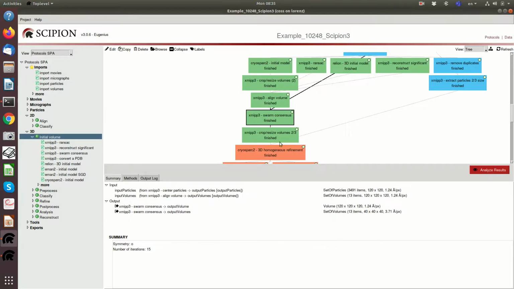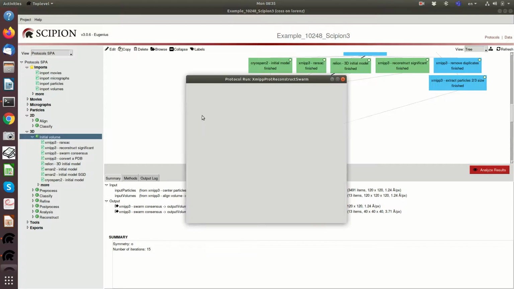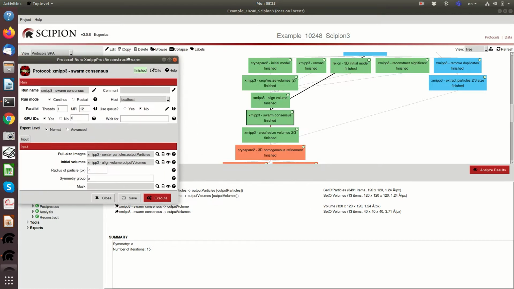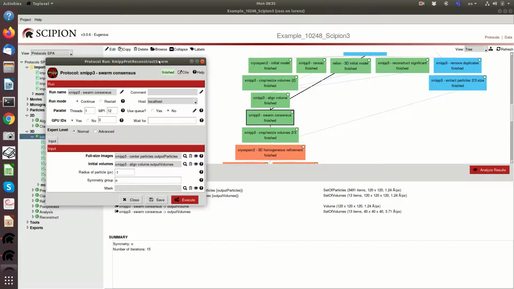And then you enter into the swarm consensus. The swarm consensus is another one of these nice things of having everything together in one single platform. You can take the input images, you can take the set of volumes that are candidates, and then you can try to find the commonalities and let them evolve.